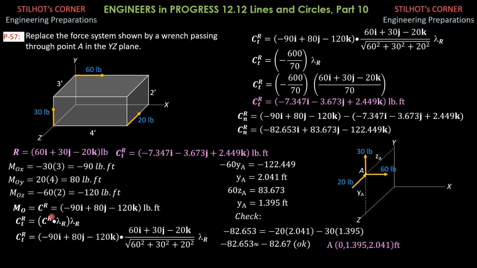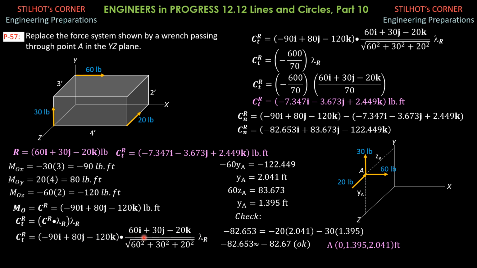Because this is a magnitude, we multiply it further by the unit vector of R to express it in vector form. So this is the resultant couple, dotted with the unit vector of the force, which is the force divided by the magnitude of the force, then times the unit vector of R.